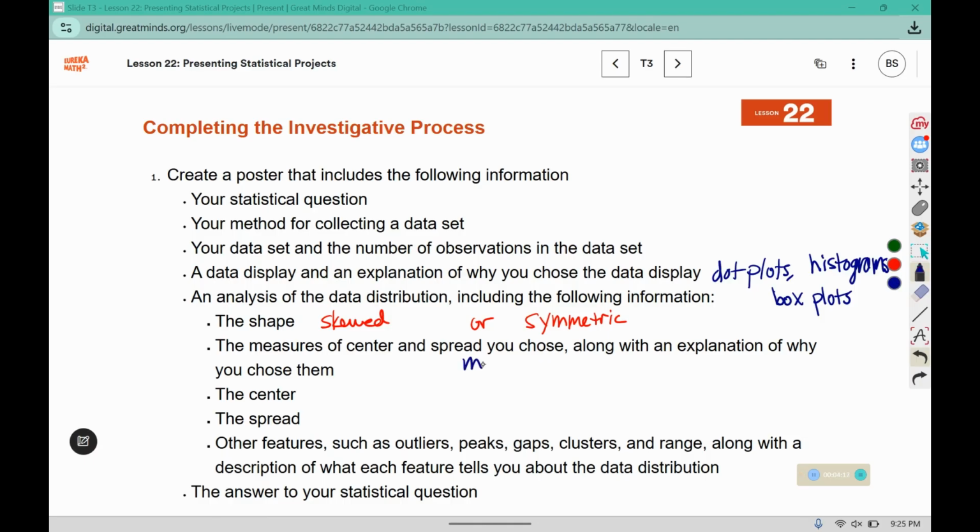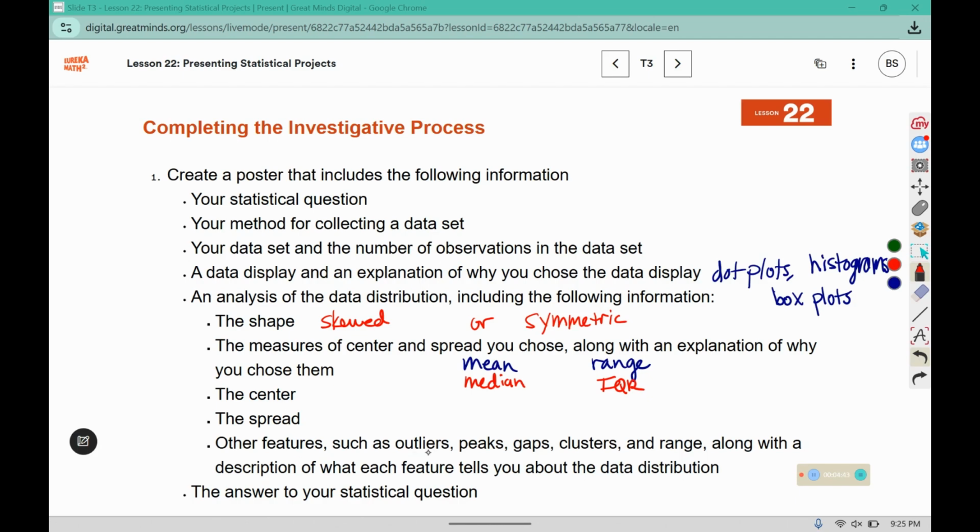If you choose the mean, you could use range as your measurement for spread. If you choose the median as your center, you could use IQR for spread. You need to include the center and the spread.